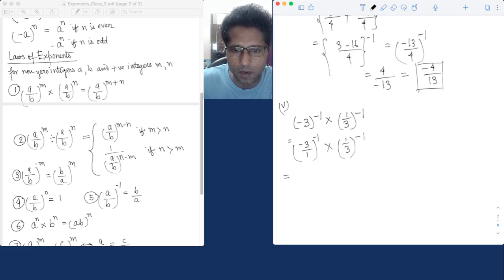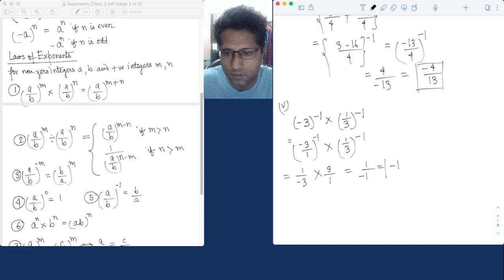Now minus 3 by 1 to the power minus 1 means the reciprocal of a rational number. So the first one becomes 1 by minus 3 and the second one becomes 3 by 1. Now we can clearly see that 3 cancels. This is nothing but 1 by minus 1. This is minus 1.